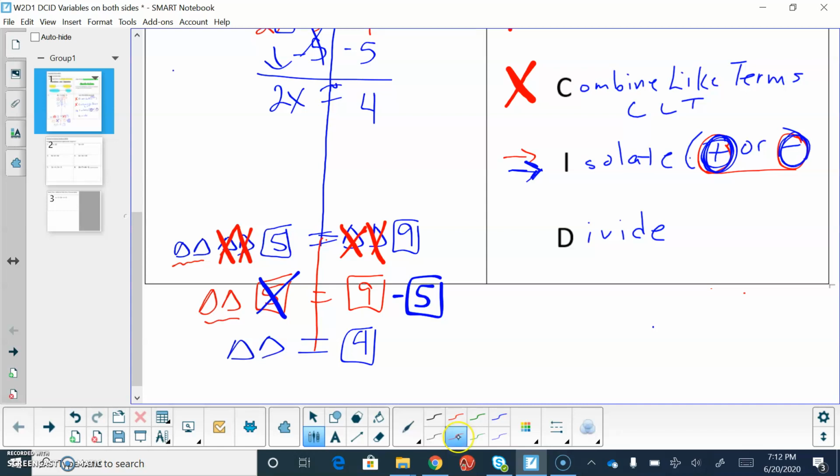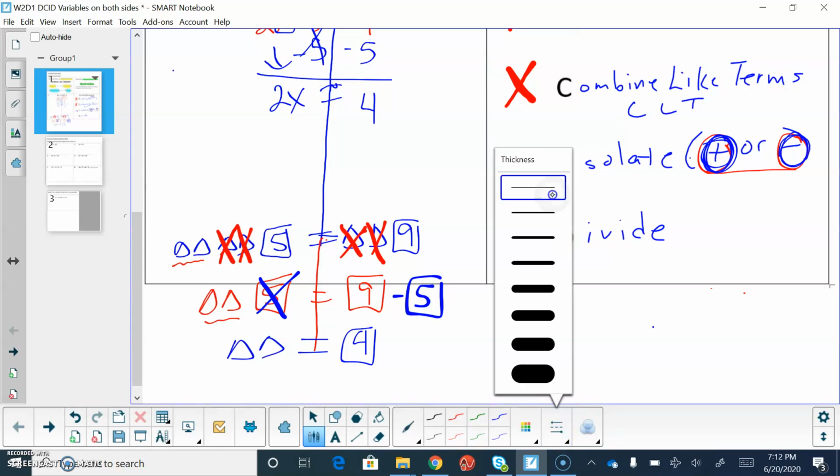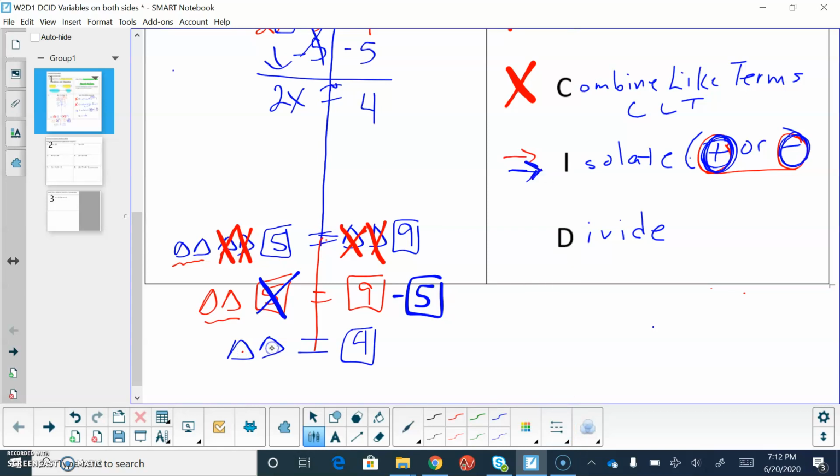Now, when we were doing the sketching, we went to guess and check, and we had to try to figure out what number would go in for both triangles, and we don't actually have to do that if we're going to do it algebraically. I can't just add or subtract anymore to isolate because I don't have anything connected with a plus or a minus sign, but I still need to get this x by itself, so I need to get that 2 away. And remember, the 2 is connected with multiplication. Well, the opposite of multiplication is division, so we're going to divide.